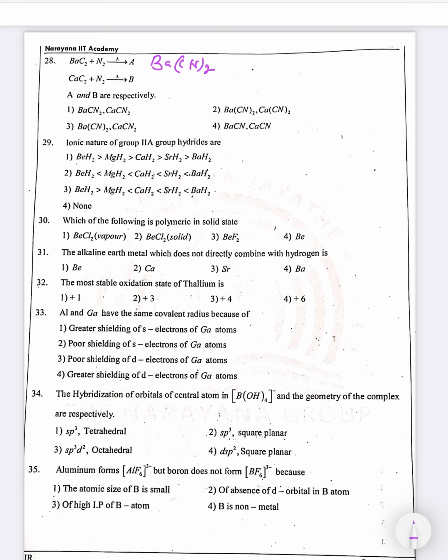Whereas calcium carbide reacts with nitrogen on heating gives B, whereas B is nothing but CaCN2 plus C. Mixture of this CaCN2 plus C is called as nitrolim, which is used as a fertilizer. Next. So what is A? BaCN2 and B is CaCN2 plus C.